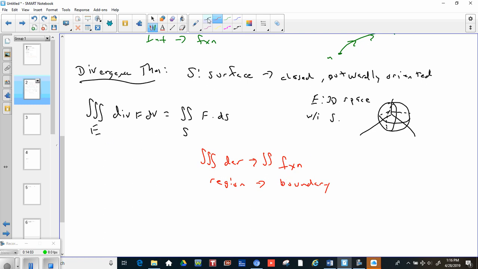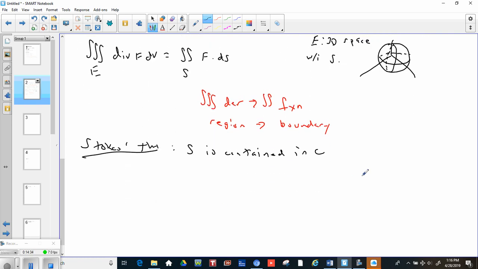All right, and then the last one that we had was Stokes Theorem. And to do Stokes Theorem, your surface has to be contained in C. So let's say that we had, I don't know, either the top half of the sphere or some kind of a paraboloid or something like that.